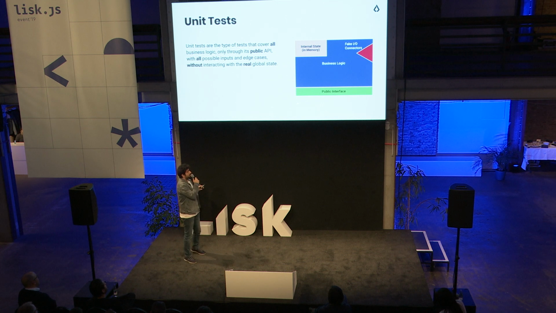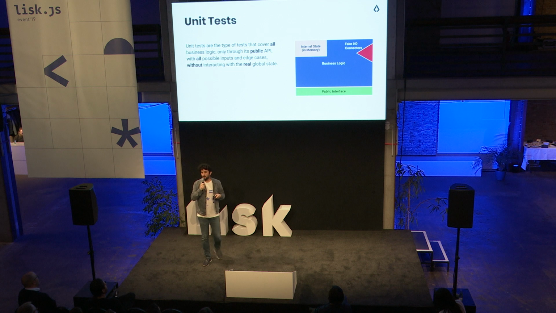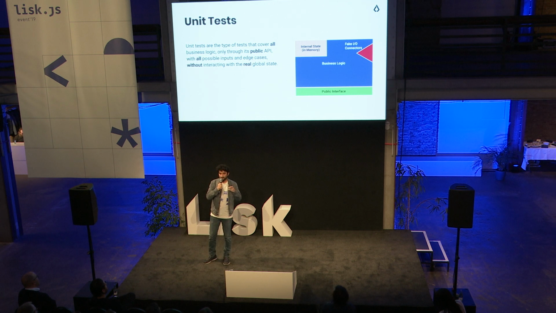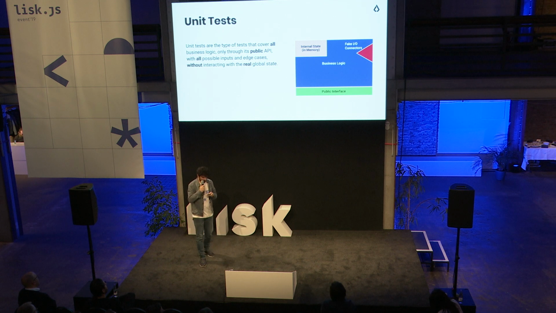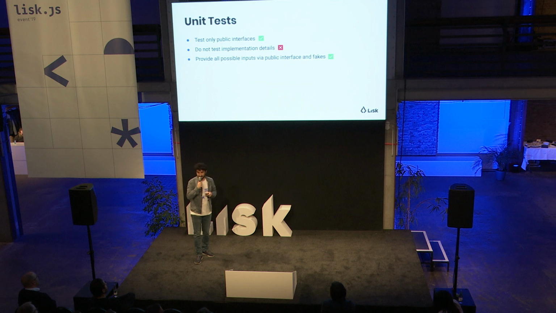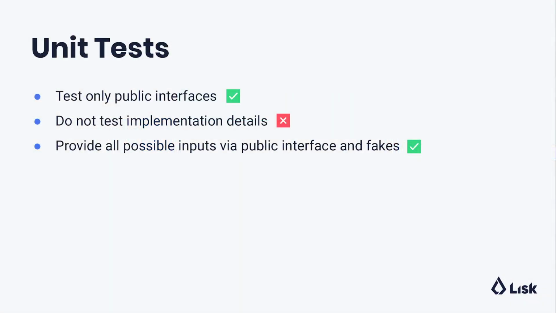That's why everything in between is called implementation details. They can be changed, they can be improved. That's why you shouldn't focus on implementation details. You should focus on the behavior of your public interface. So this was the unit test. Some takeaways for you: test only your public interfaces, do not test implementation details, and provide all possible inputs.